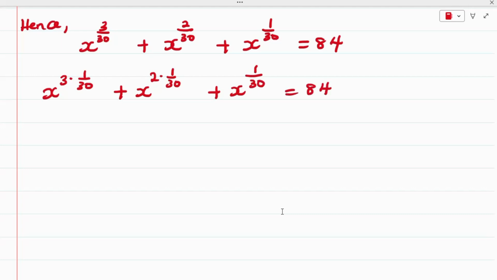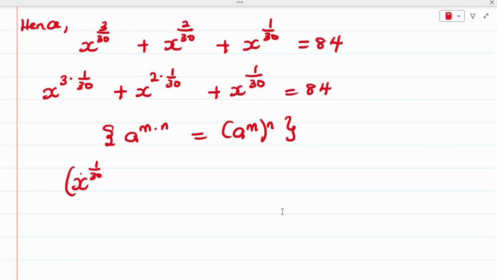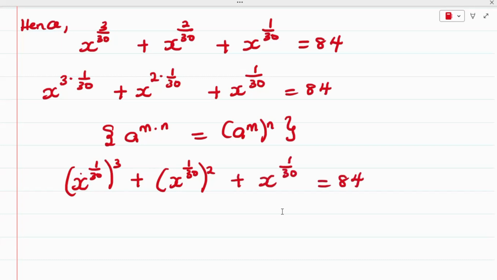Alright, so applying this property that says if we have a raised to the power of m multiplied by n, this can be expressed as a raised to the power of n multiplied by m. From here, applying this property, this becomes x raised to the power of 1 over 30, all raised to the power of 3, plus x raised to the power of 1 over 30, all raised to the power of 2, plus x raised to the power of 1 over 30, and this is equal to 84.